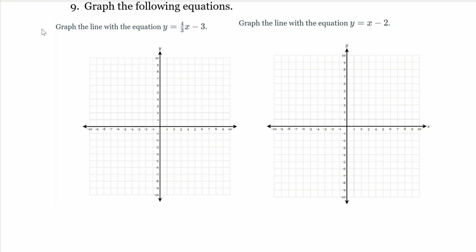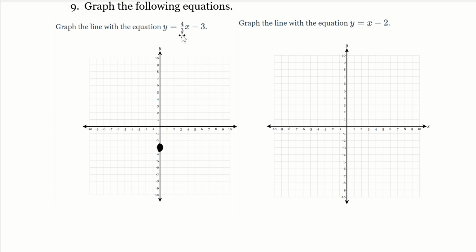So if we're going to graph a line and we're given an equation in slope-intercept form, I have all the information I need in order to make this graph. Here, I know that the line is going to hit the y-axis at negative 3. So I can put a point there at 0, negative 3.